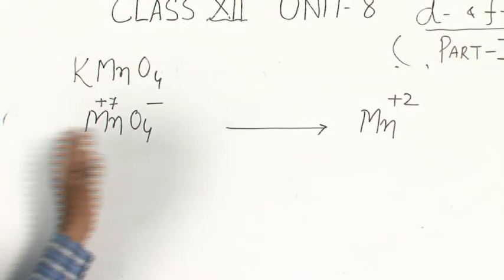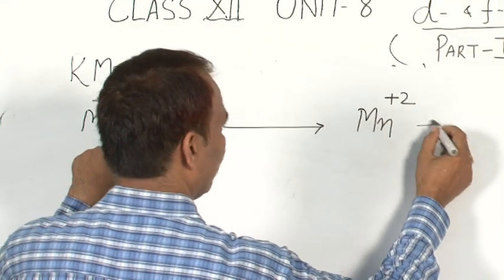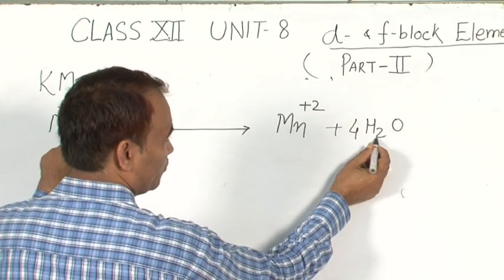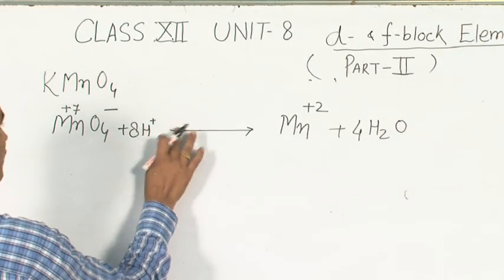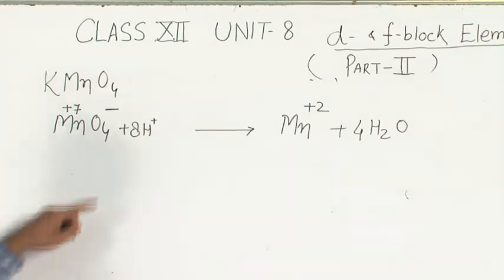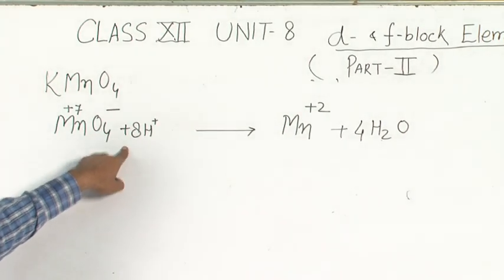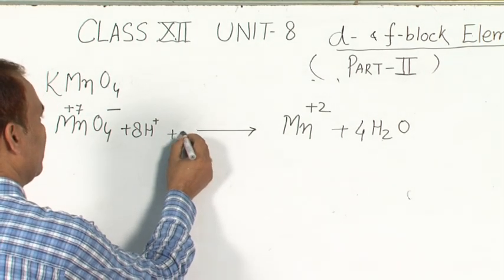So how can we write the ionic equation? 4 oxygen in acidic medium will be 4H2O, then balance hydrogen, 4 into 2, 8, put here 8 hydrogen ions. Then balance the charge: total charge on this side is plus 8 minus 1, plus 7, this side plus 2, so we add 5 electrons.